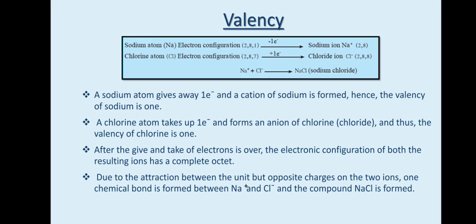And once sodium ion, Na+, and chloride ion, Cl-, are formed, these are opposite charges, so they will attract each other, forming a compound that is NaCl, sodium chloride, also called common salt, which we eat every day.